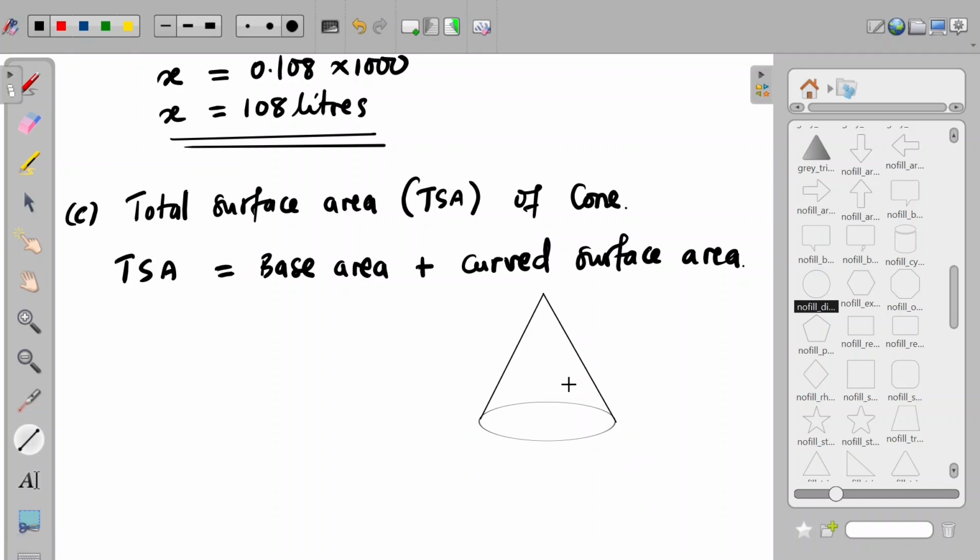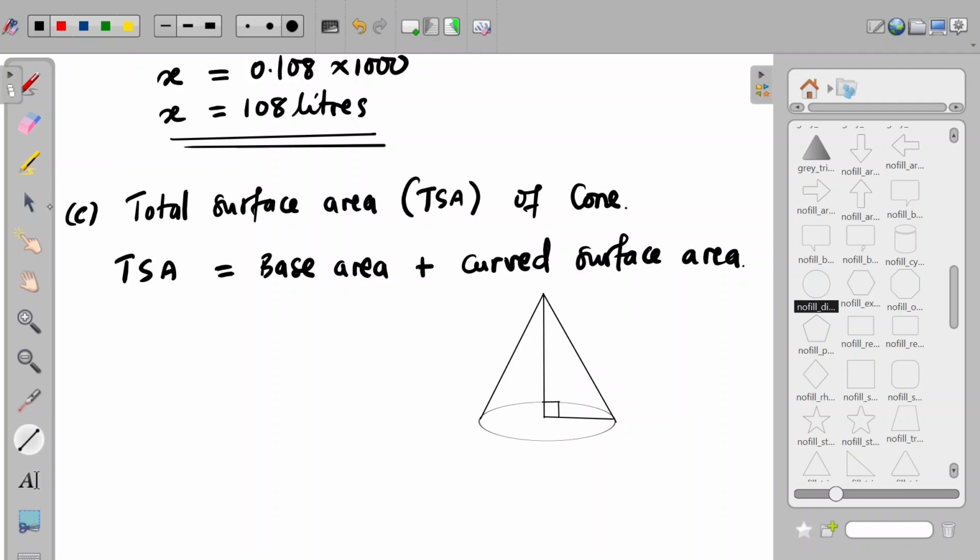The cone has a height from the center of the base, and it also has a radius. This is the radius. The height is perpendicular, so we can put a right angle symbol there.